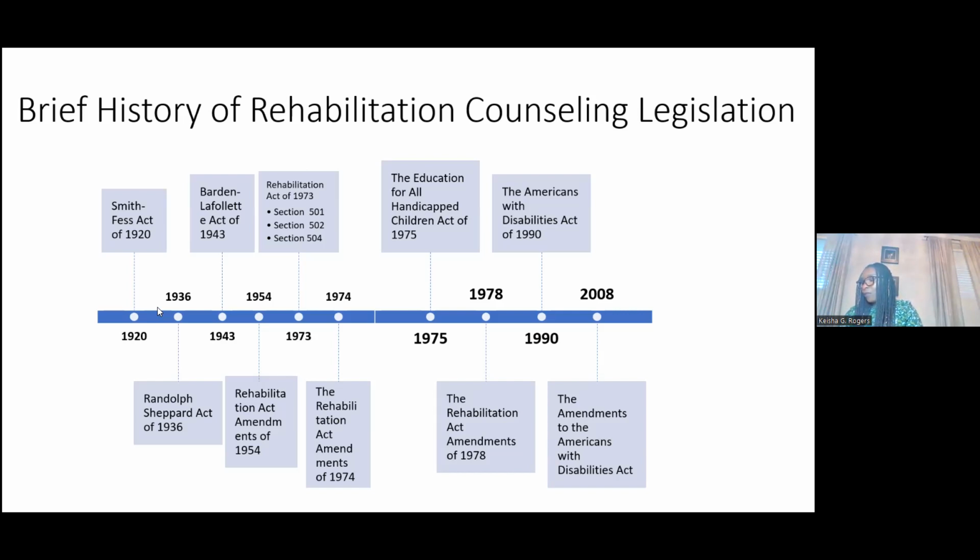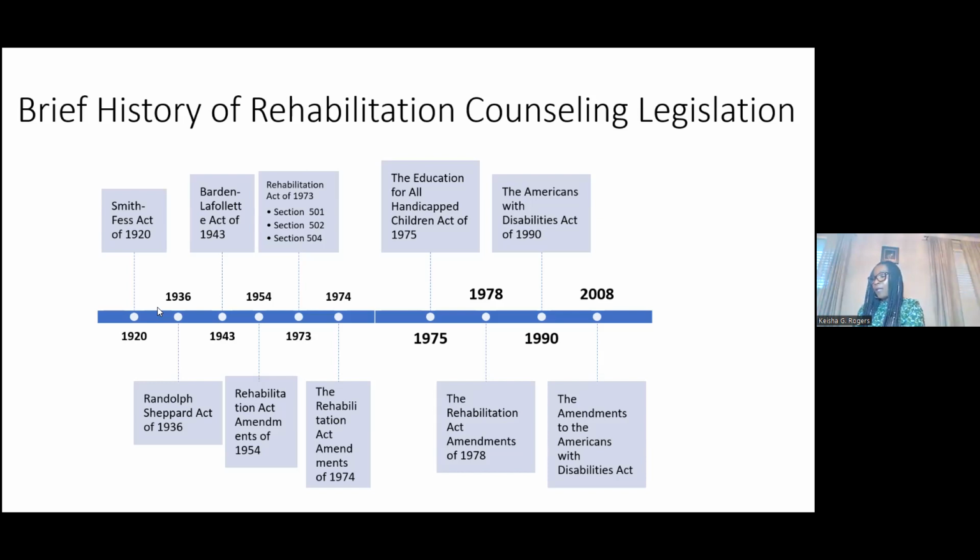And then we have the Randolph-Sheppard Act, and that was for people who have visual disabilities to allow them the opportunity to enhance their employment possibilities and authorize them to be able to operate vending facilities on federal property and research other types of work they could be capable of.